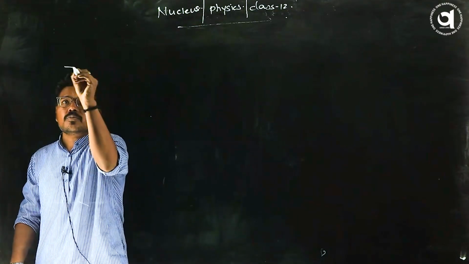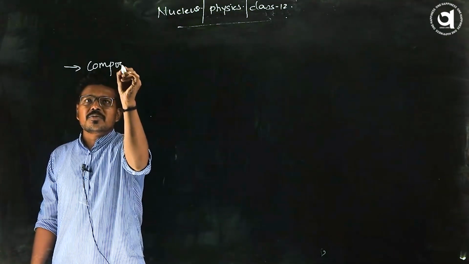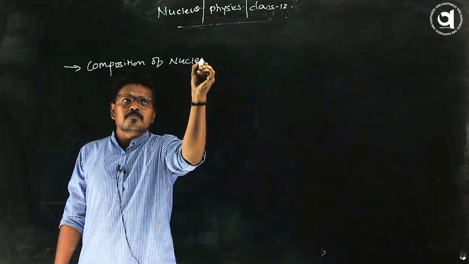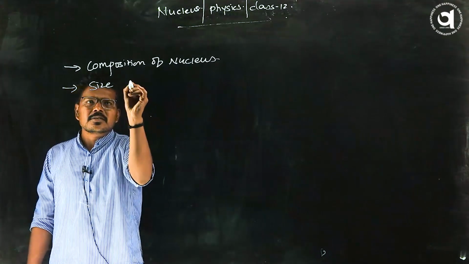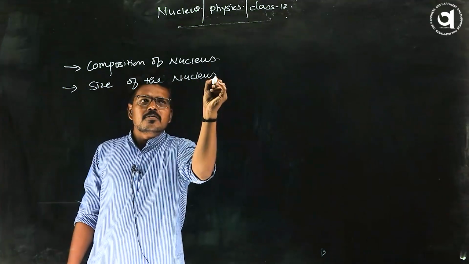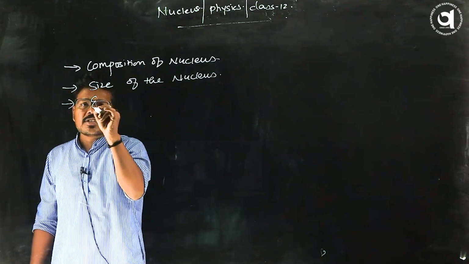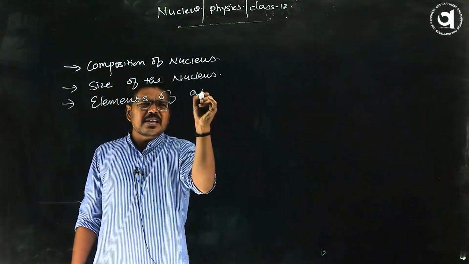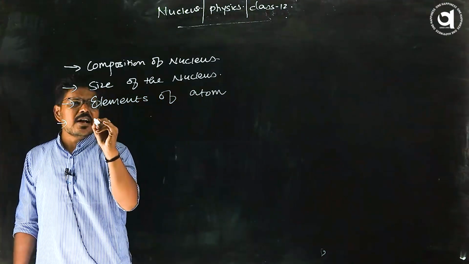So today's topics we are going to discuss are: composition of the nucleus, then we will see the size of the nucleus, then we will see the elements of the atom, then we will see the mass of the nucleus.